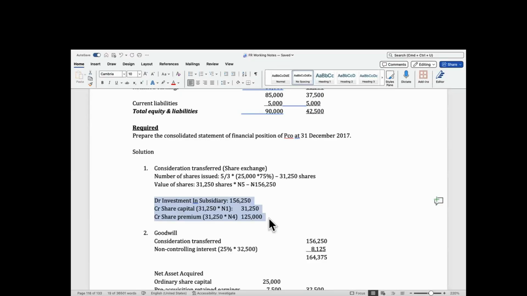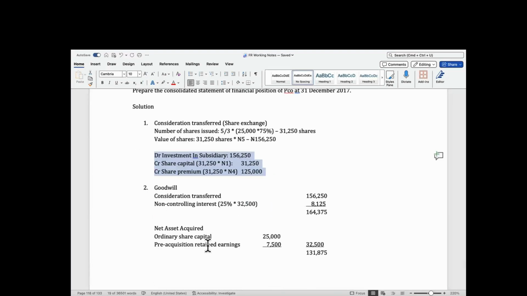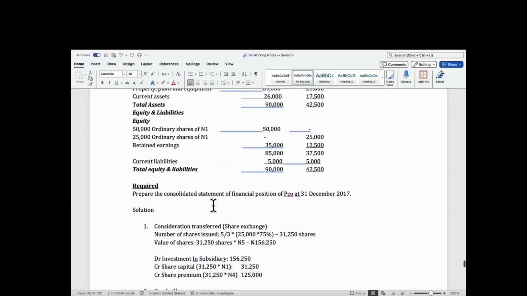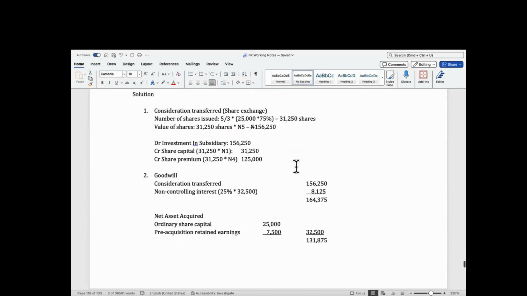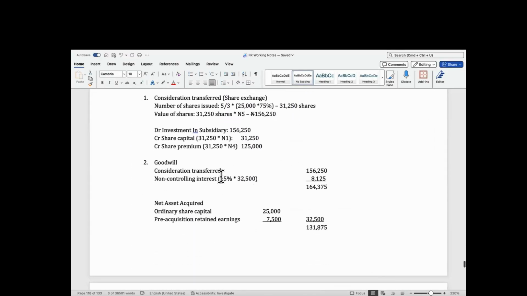Now that I've gotten my consideration, I can then determine the cancellation. So I paid 156,250 through share exchange. NCI is measured at proportionate share of the subsidiary's net assets. So NCI has a 5% holding.